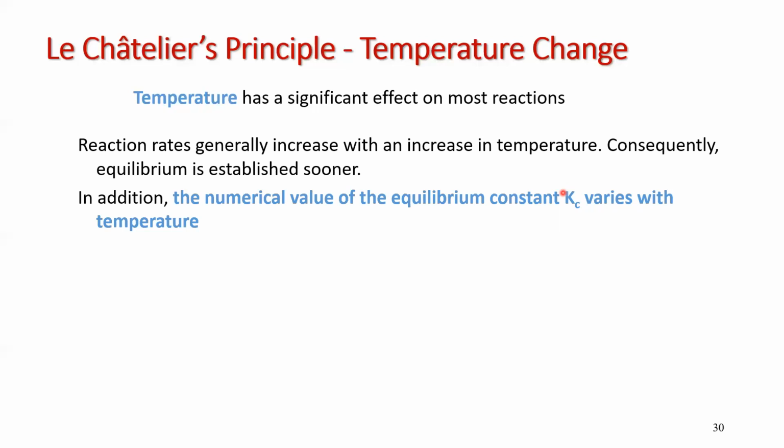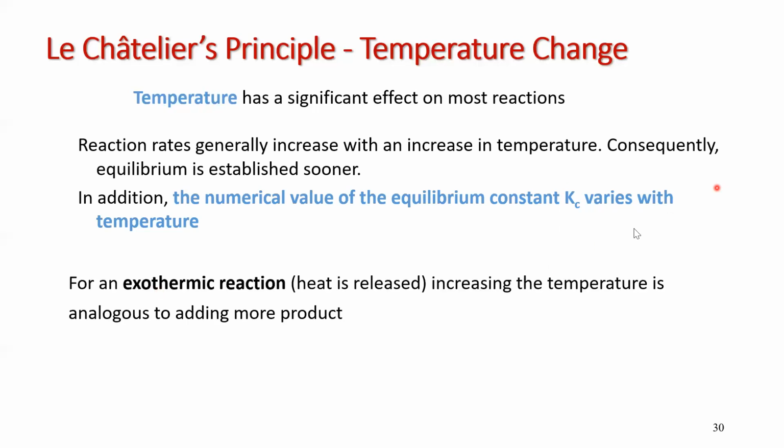the value of K. If a reaction is an exothermic reaction, that means that energy is being released from the system. Increasing the temperature is pretty much the same as adding a product because the energy is essentially on the product side.